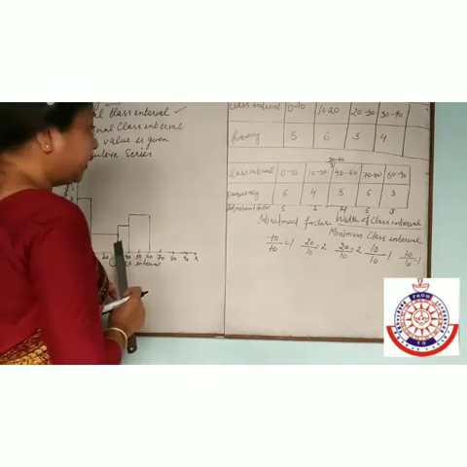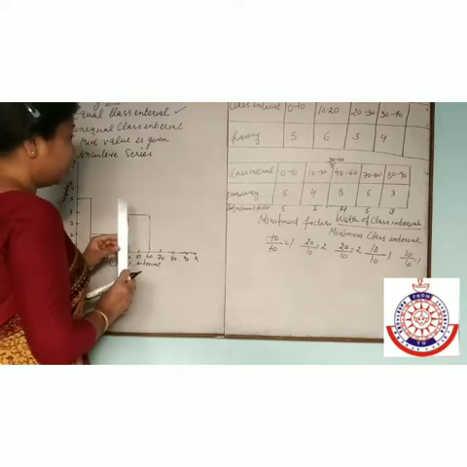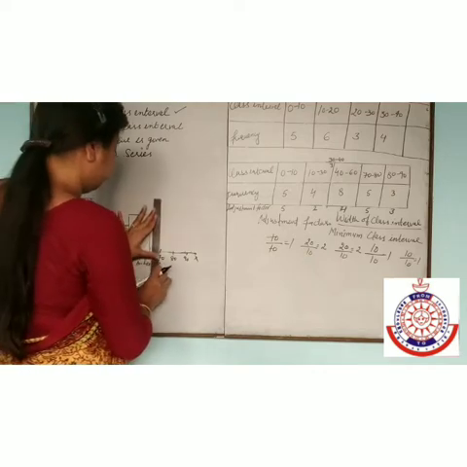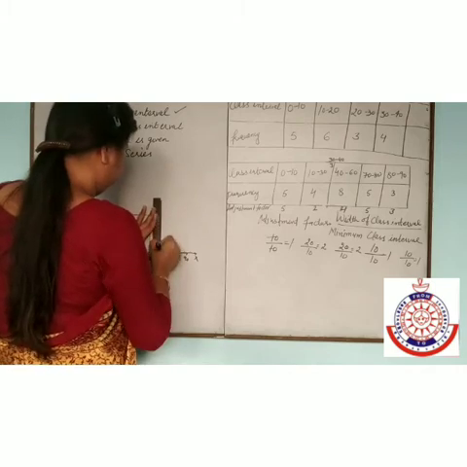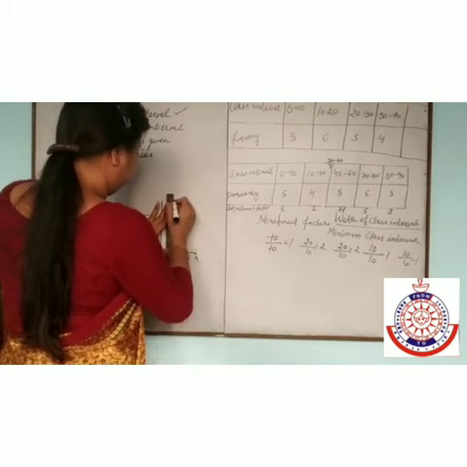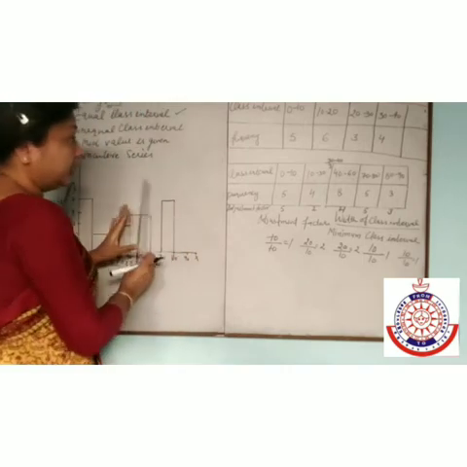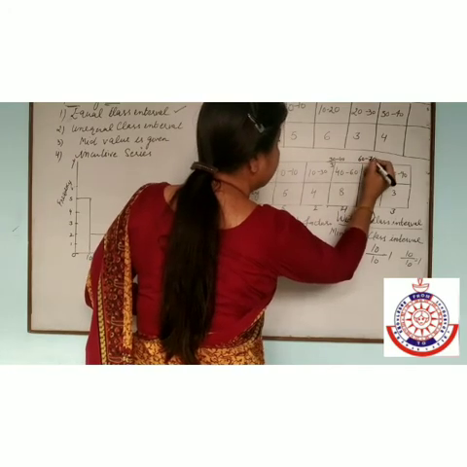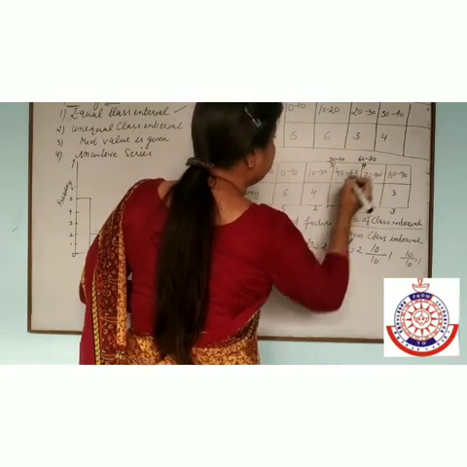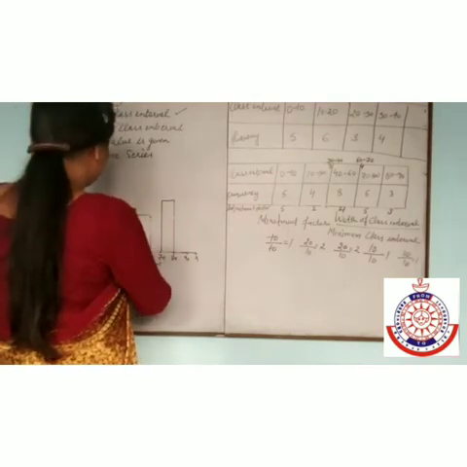After that 70 to 80. 70 to 80 is 5. Here also we will take 60 to 70, that is equal to 4.